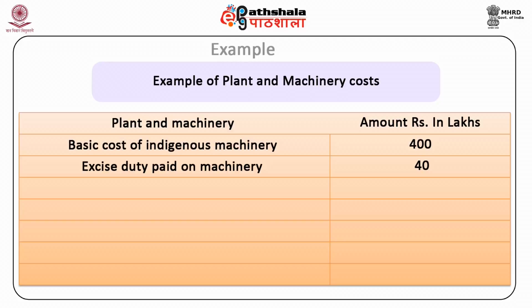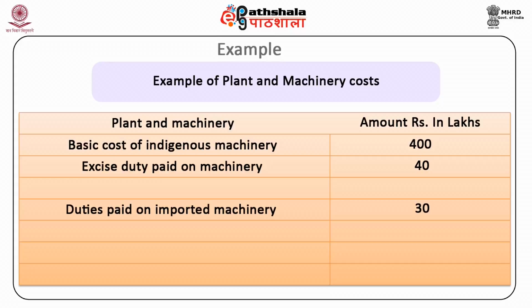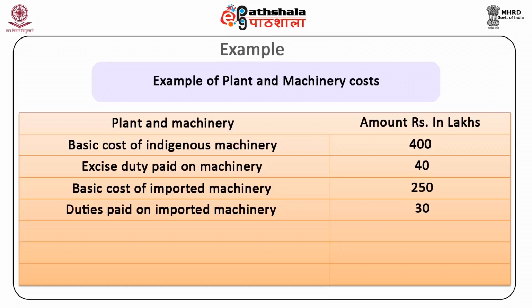Some part of plant and machinery used in the project has to be imported from USA, but the vendor is willing to raise the invoice in home currency. Custom duty on import has to be paid rupees 30 lakhs on the cost of machinery of rupees 250 lakhs. Shares will have to be issued to raise the capital, and it would also entail an expenditure of 3 lakhs as share issue expenses.